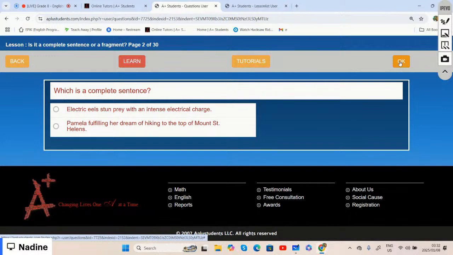So it says, electric eels stun prey with an intense electrical charge, or Pamela fulfilling a dream of hiking to the top of Mount St. Helens.